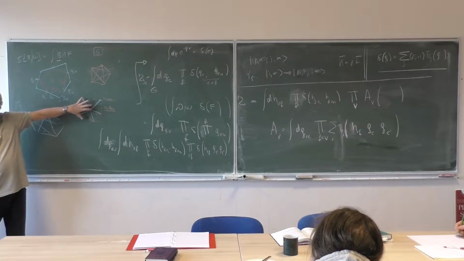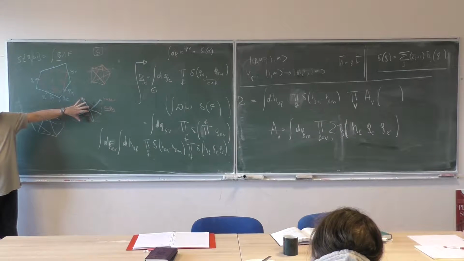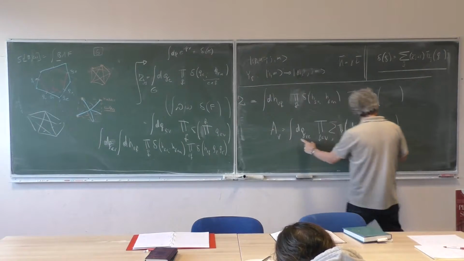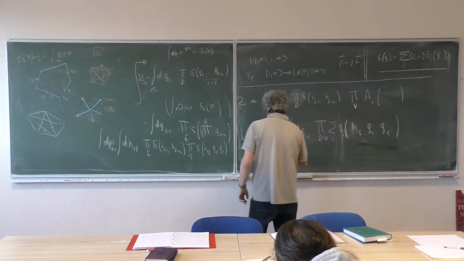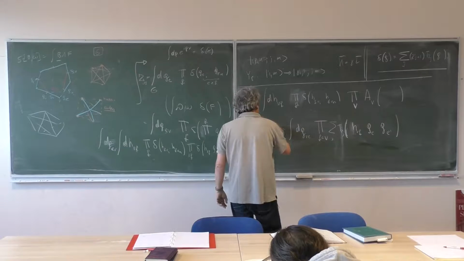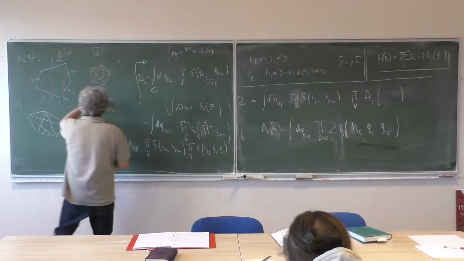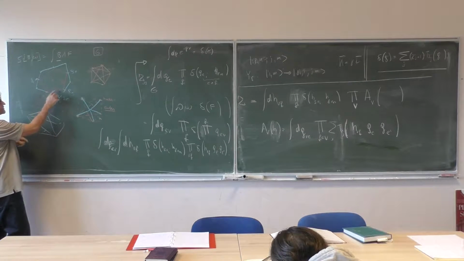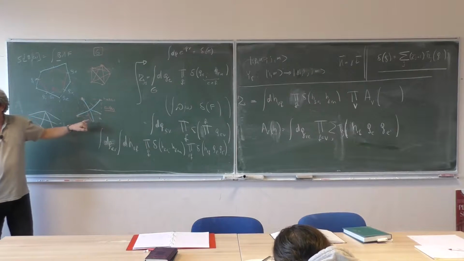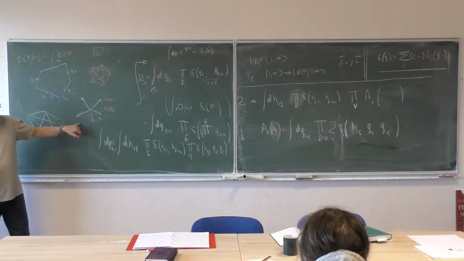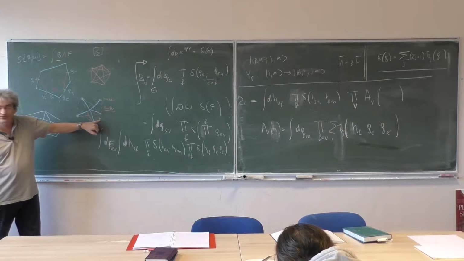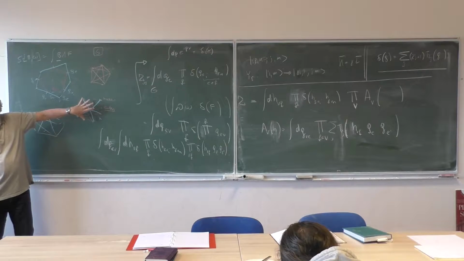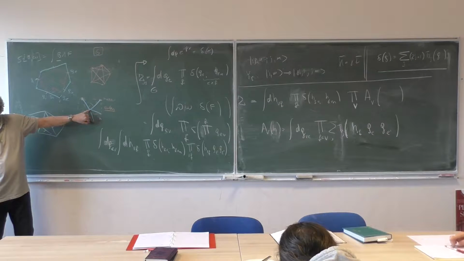But in the bulk, I want the full SL2C invariance of the theory. This object here is a function I'm integrating on the group G, it is just a function of the H. A vertex is just a function of the 10 H that sit on each boundary link. So it's pretty obvious what I have to do. I have to interpret these as the SU2 elements that define the quantum geometry on the boundary, but keep the SL2C in the bulk.